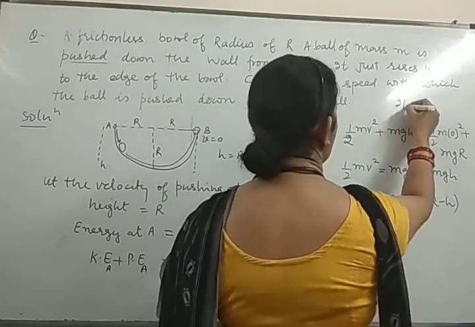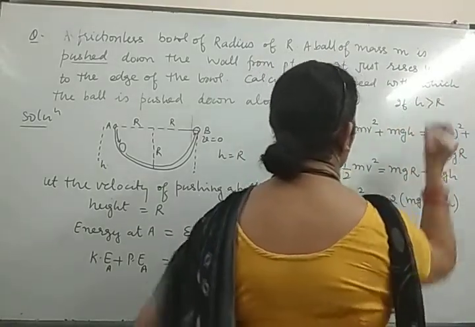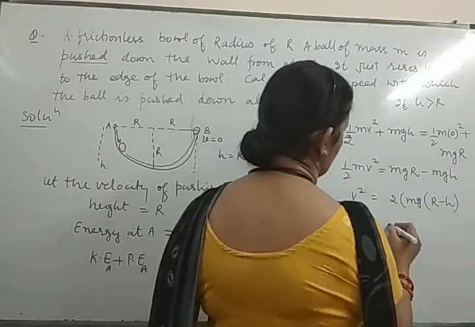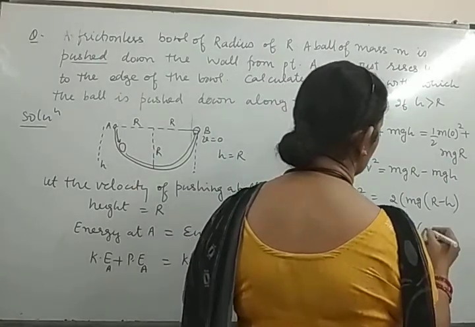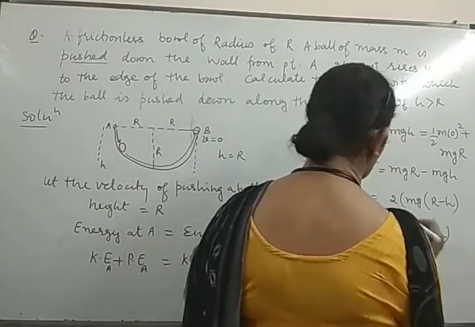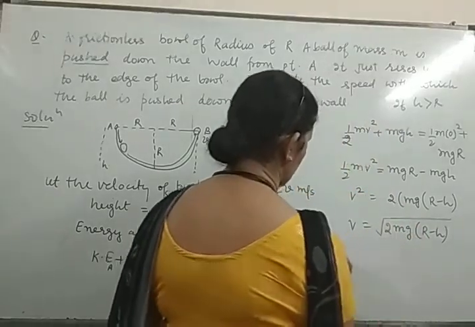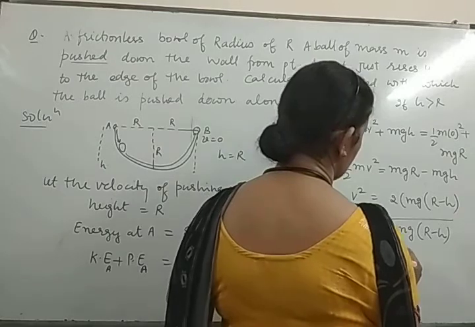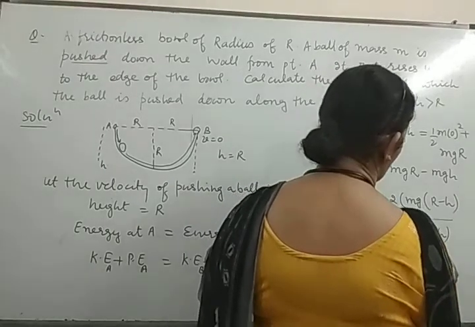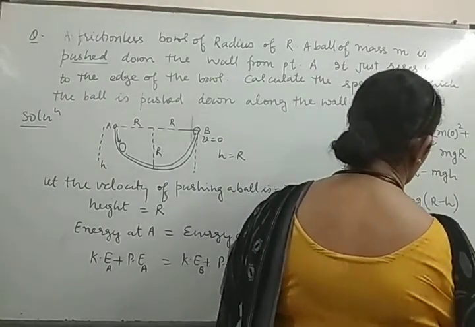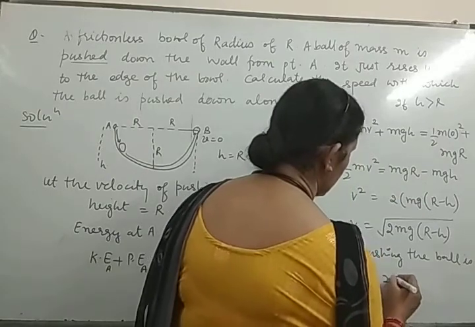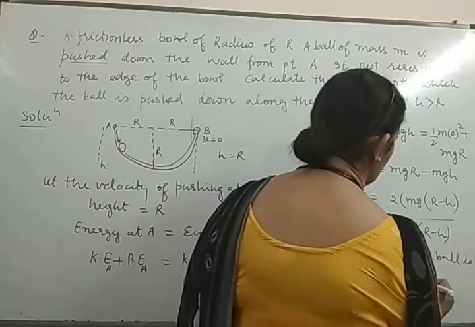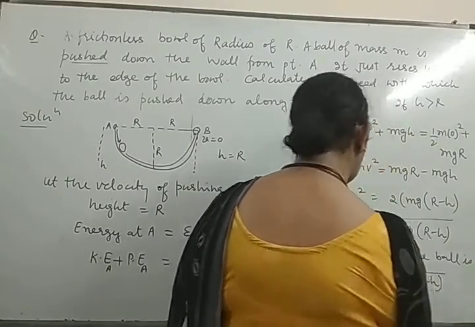If h is greater than r, then v is equal to the root of 2 mg into r minus h. So the velocity of pushing the ball is v is equal to root of 2 mg into r minus h.